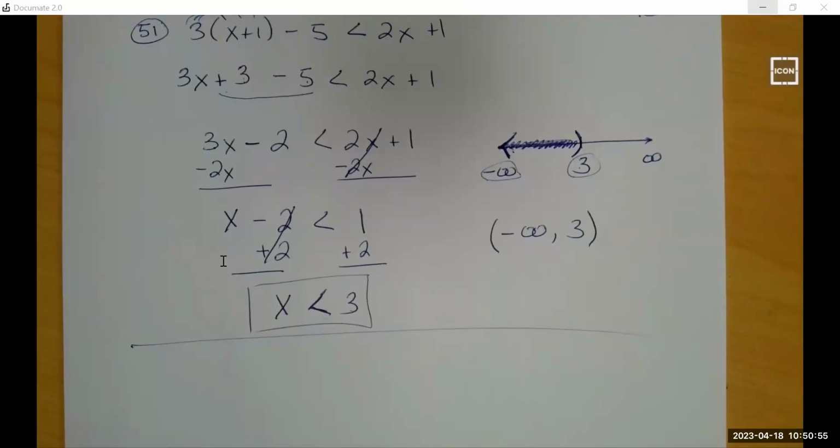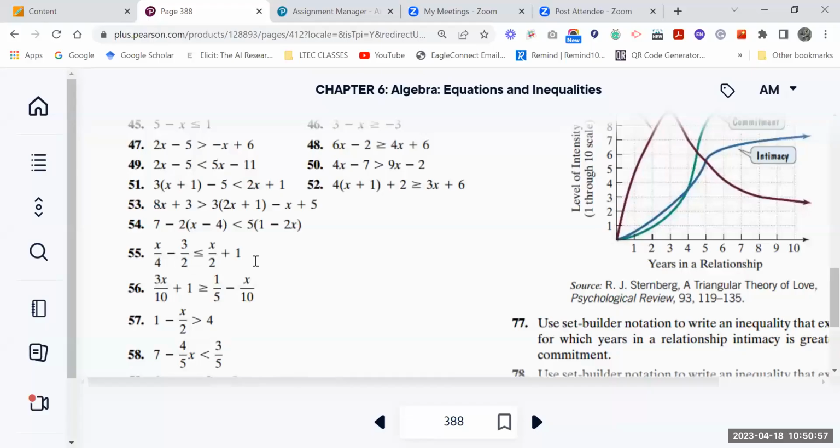Let's look at number 55. x over 4 minus 3 over 2 is less than or equal to x over 2 plus 1.